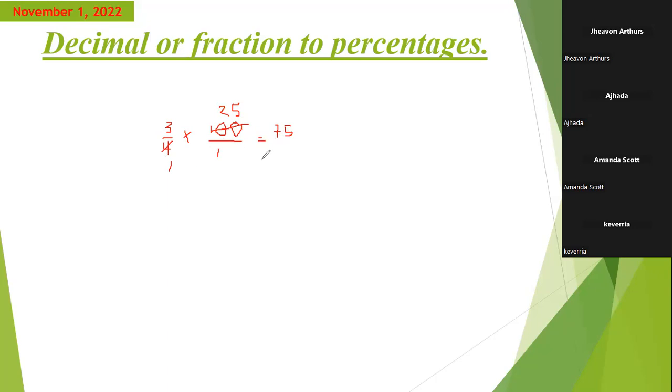But we need not put it over 1, because if you divide 75 by 1, you get back the same 75. Now, because we are calculating a percentage, we need to put the percentage symbol here. Customarily, when we convert any fraction or decimal by multiplying by 100, we put the percentage symbol to remind you that your answer must be in percentage.